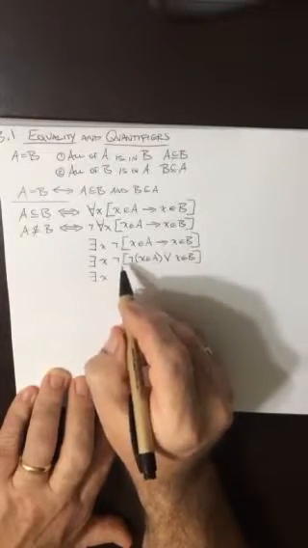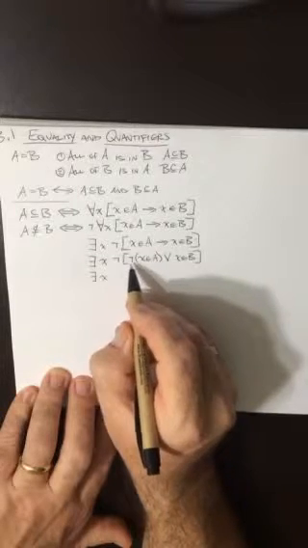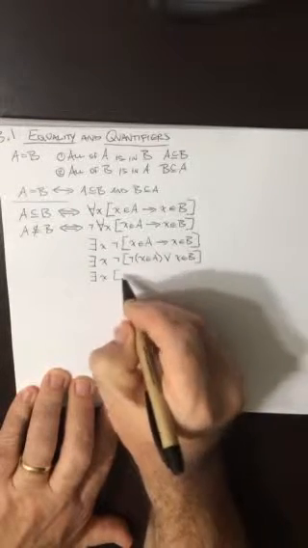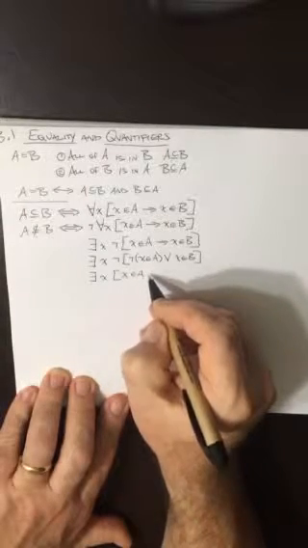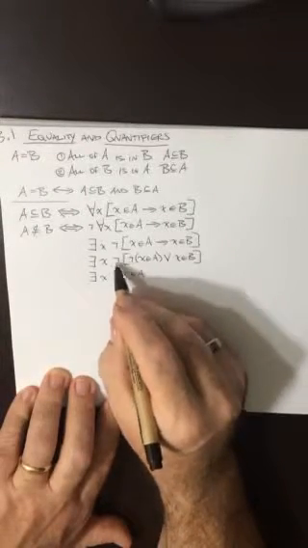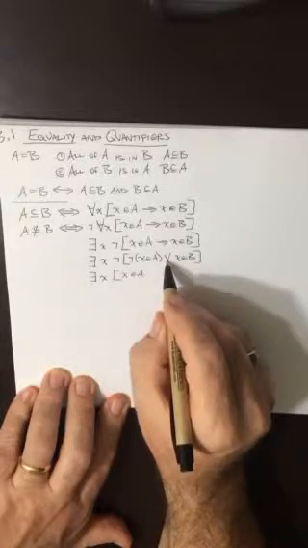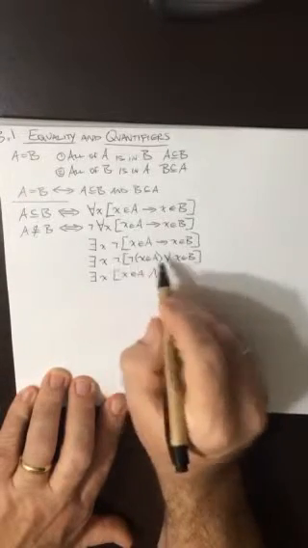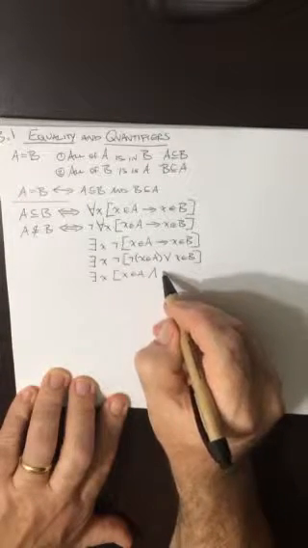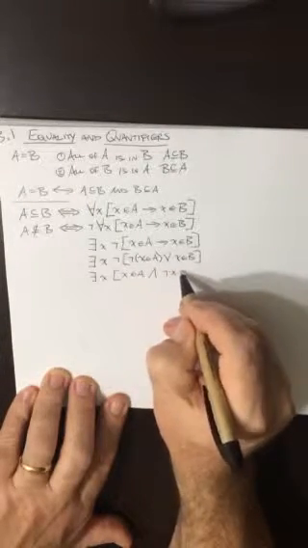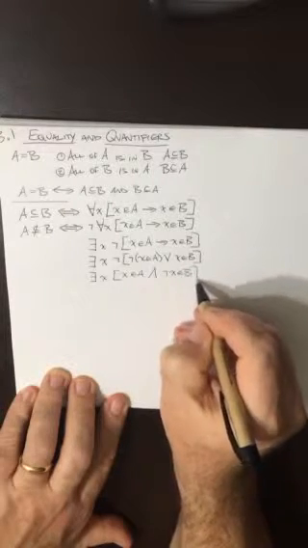Carry this through. You're going to have a double negate, so that's just going to be x is an element of A. And if we take this negate through, what does that do to the disjunction? It becomes a conjunction. And then, it's not the case that x is an element of B. Okay?